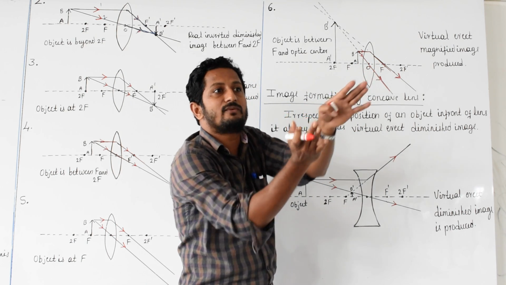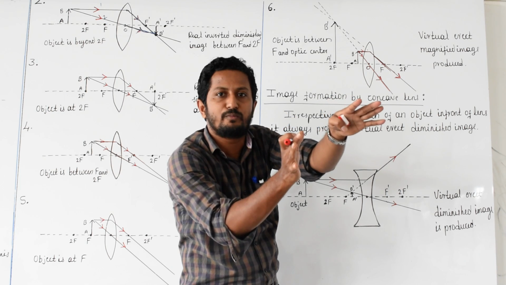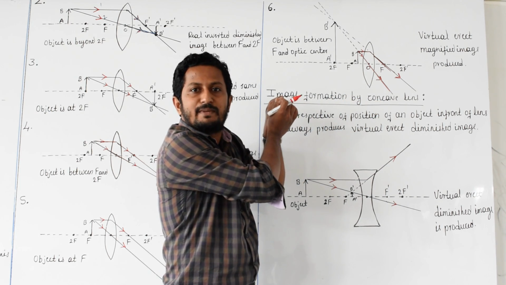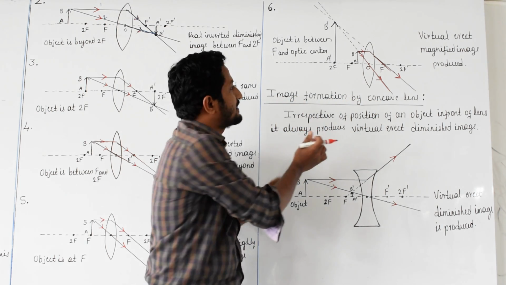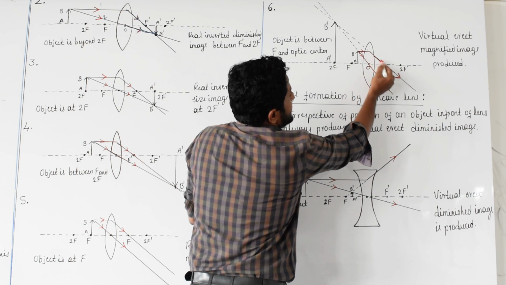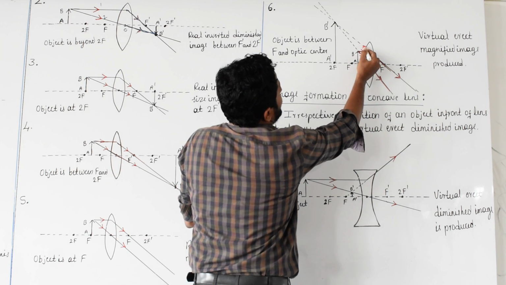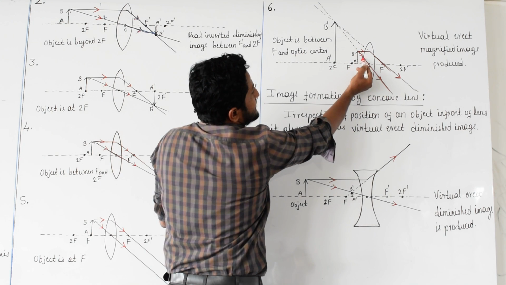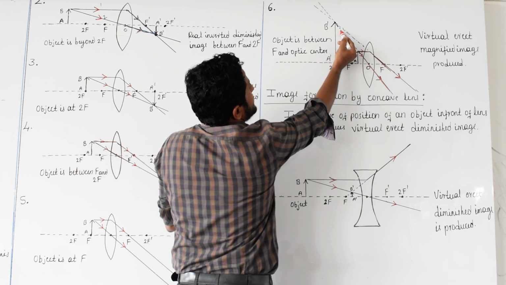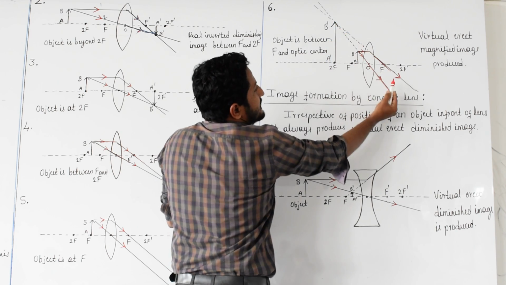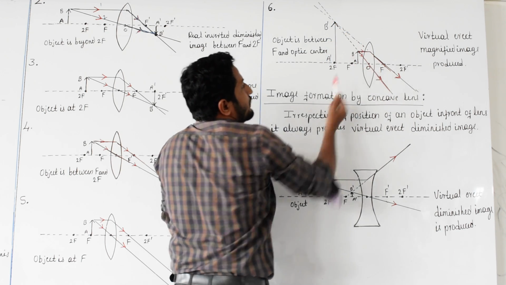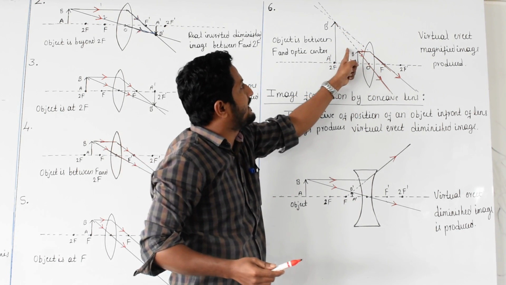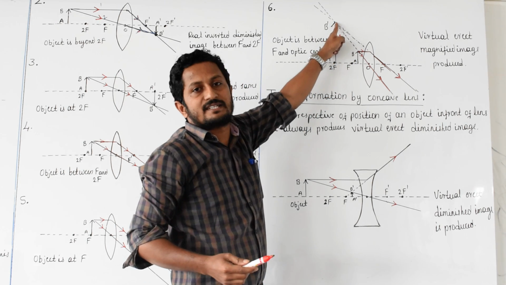Diverging means somewhere they are not going to meet. We have to extend them in a backward direction. You see, I have extended this light ray backward in this direction, and I have extended this light ray also backward in this way. See, these two backward extended light rays got intersected here.